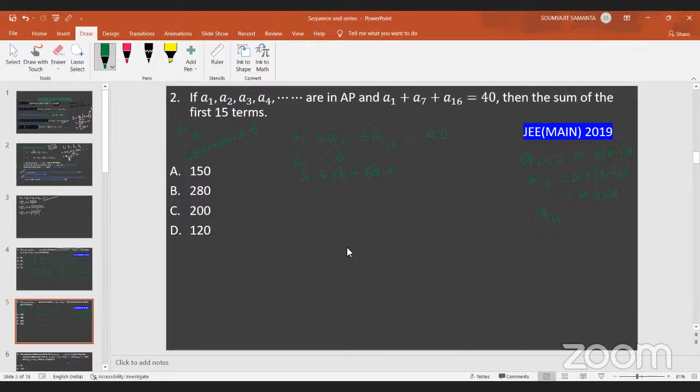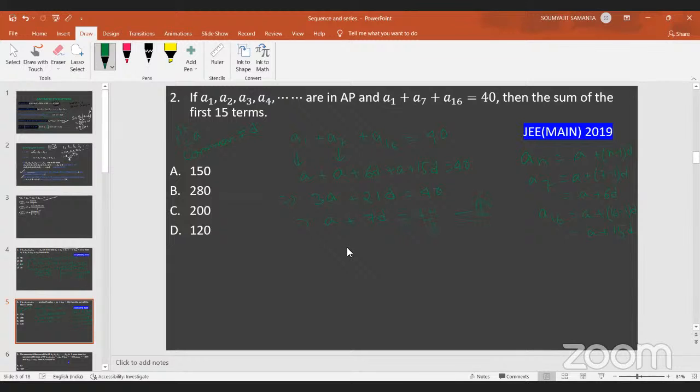You will get A plus 15D. So put A plus 15D equal to 40. Adding and simplifying, this will become 3A plus 21D equal to 40. That means A plus 7D equal to 40 by 3.